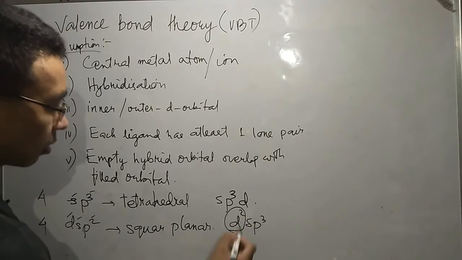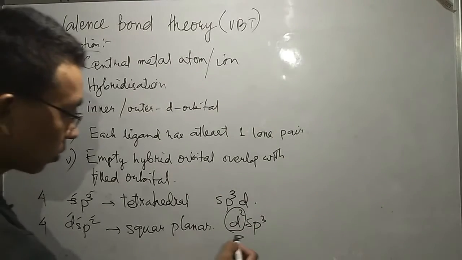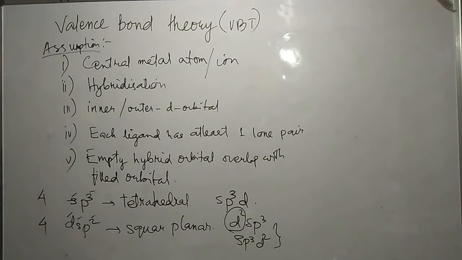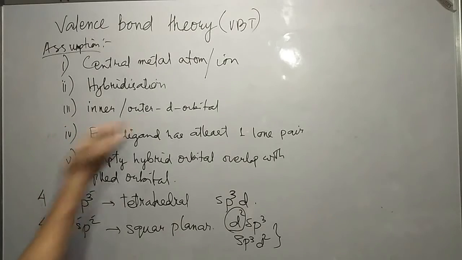Here the inner d orbital is hybridized, and the other one is sp3d2. This is for octahedral. Octahedral can be of two types. The d orbital involved in the hybridization can be either the inner d orbital or the outer d orbital.